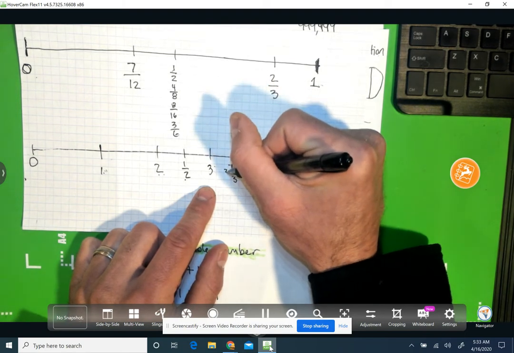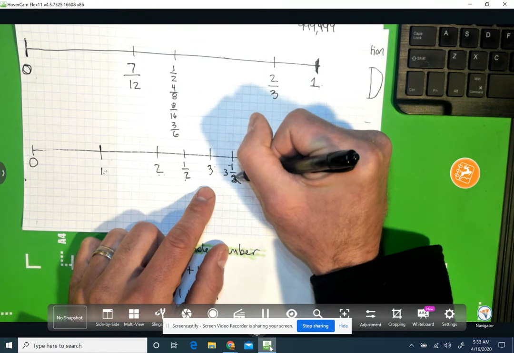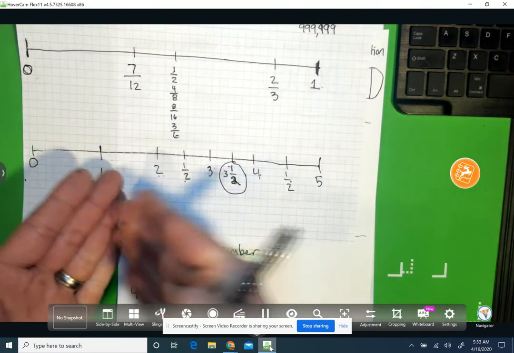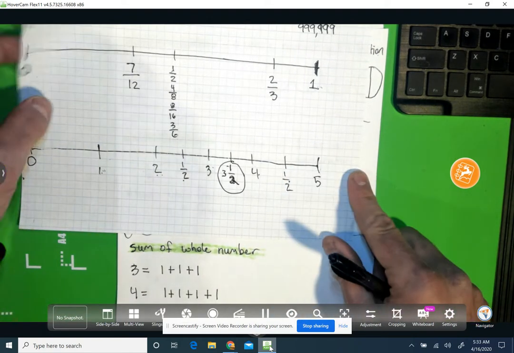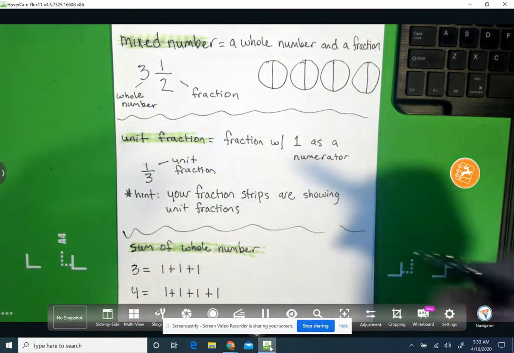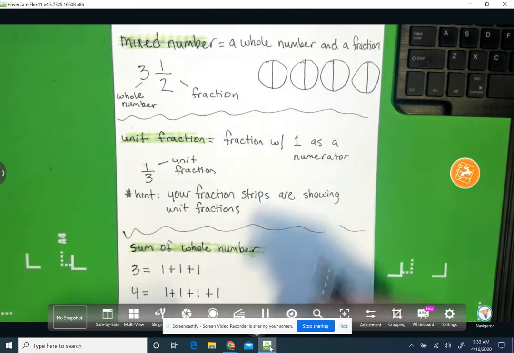That is, I'm sorry, I just wrote 3.33. That is 3.5 right there, right? So we're working between all these whole numbers and the fractions that exist between them, okay? So 3.5. A mixed number consists of a whole number, 3, and a fraction, in this case, 1/2.